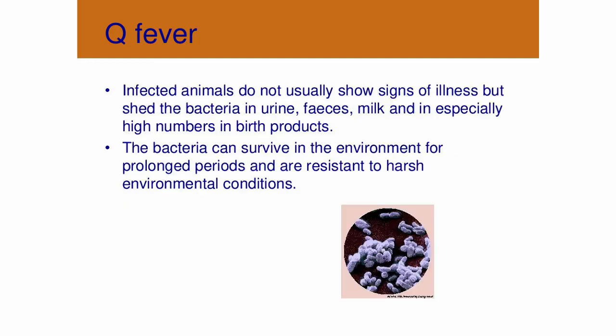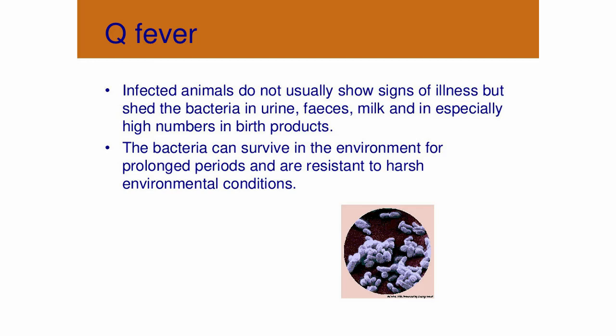Now, with Q fever, when it infects animals, they usually don't show any signs of illness, but they do shed the bacteria in their urine, feces, and milk, but in especially high numbers in birth products. So, birthing and aborting animals are particularly high risk.